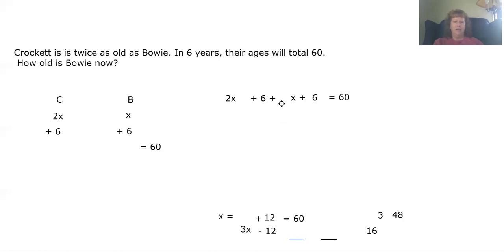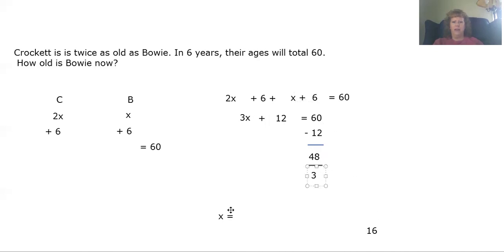And if I add to that Bowie's side of the question of x plus 6 to total 60. So if we combine like terms, we'll have 3x plus 12 equals 60. And if we subtract 12 from both sides, we'll be left with 48. And if we separate 3 from x by dividing by 3, x will equal 16.